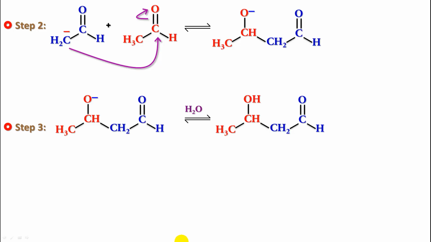Now what happens is that the basic character is always much stronger than the nucleophilic ability. That is because for a good base, attacking an acidic H is far easier than attacking an electrophilic carbon, because the electrophilic carbon is often hindered, whereas an acidic H is relatively less hindered because hydrogen itself is attached only to one atom. So it is easier to attack an acidic H than an electrophilic carbon.